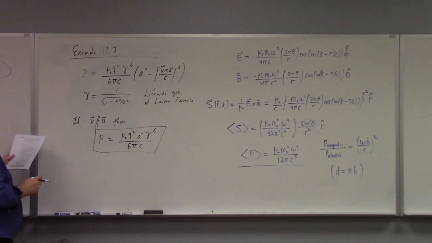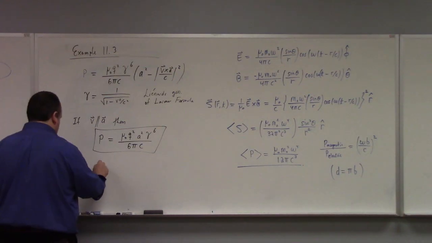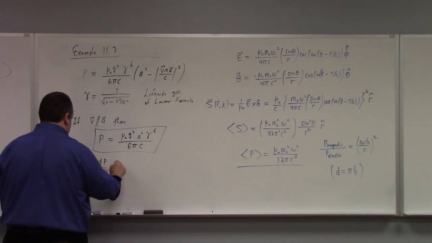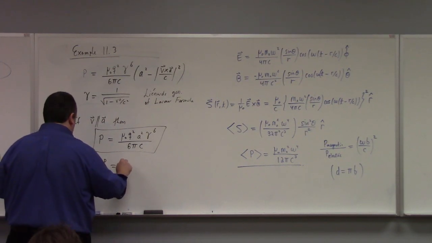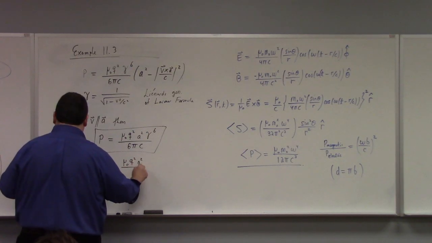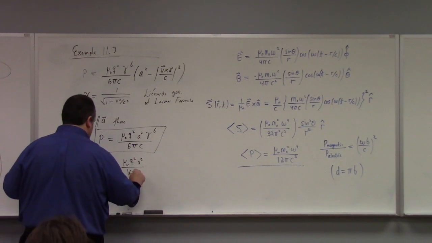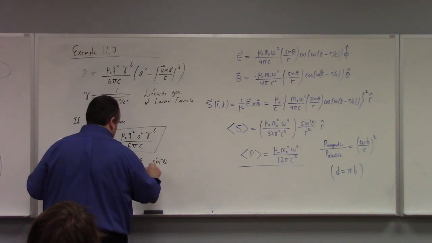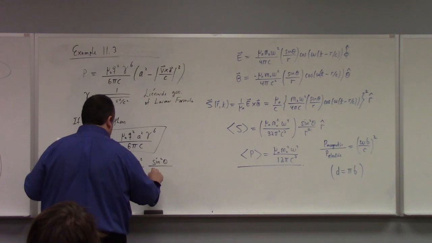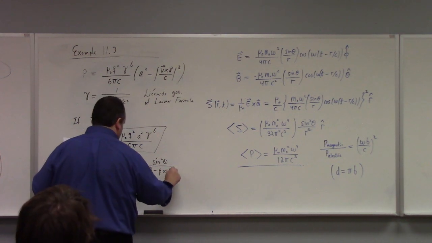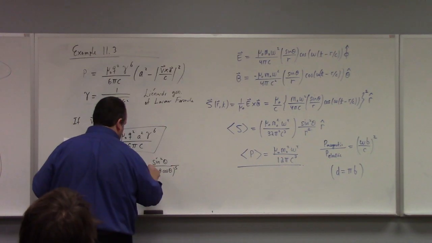And also, when you study it, the power per solid angle, dP over d omega, is mu naught q squared a squared divided by 16 pi squared c, sine squared theta divided by 1 minus beta cosine theta to the power 5. That's wild.